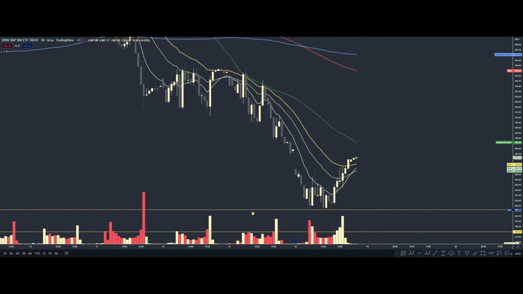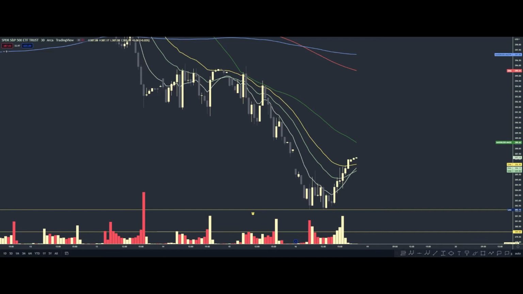Some zones are much stronger than others, while others are much weaker. But these zones are created from an imbalance between buyers and sellers where they're fighting to take control. They're fighting each other, and eventually somebody takes control.